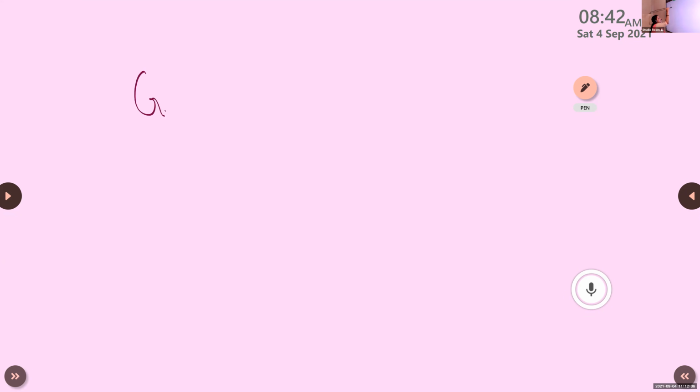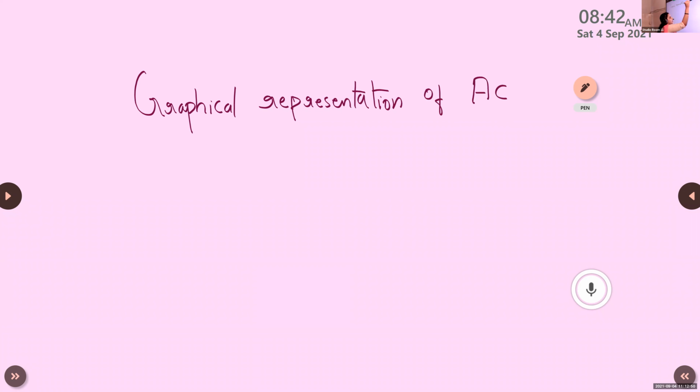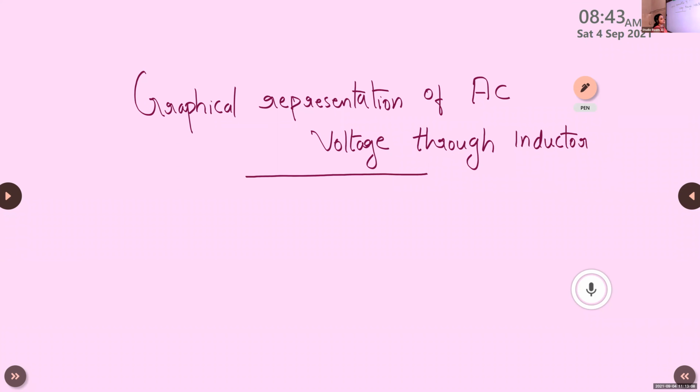So write the heading: graphical representation of AC voltage through an inductor.